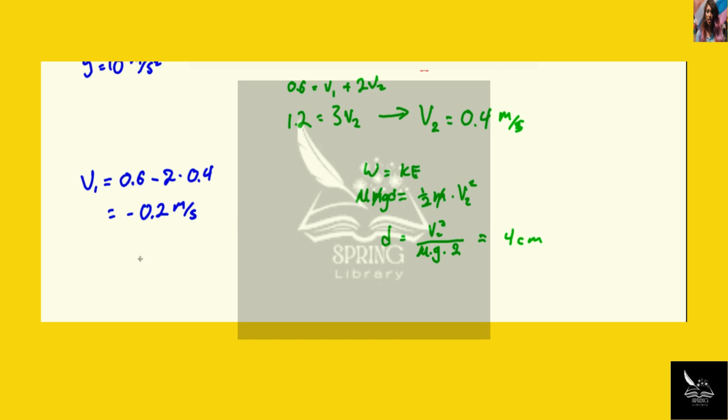And then for this one, we're going to do the exact same thing we did here. Work is equal to the change in kinetic energy. So we have mu times mass times gravity times the distance traveled, and that's going to equal 1/2 times mass times velocity 1 squared. Masses are going to cancel. If we solve this for the distance traveled, we get v1 squared, or negative 0.2 squared, over mu times g times 2 because of that 1/2.